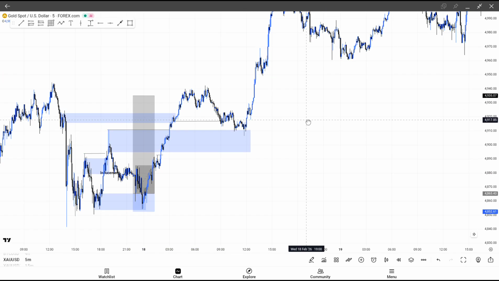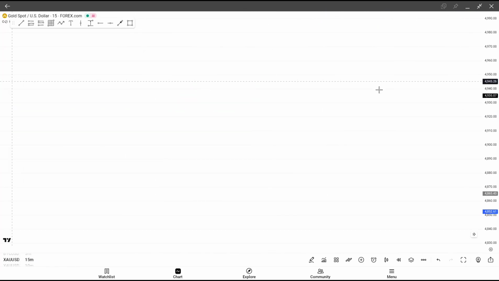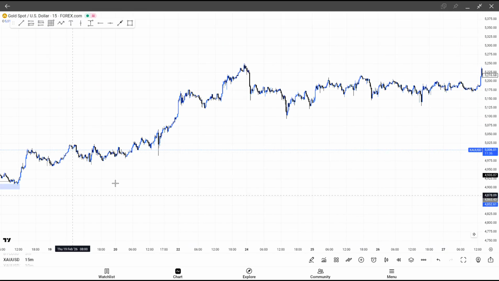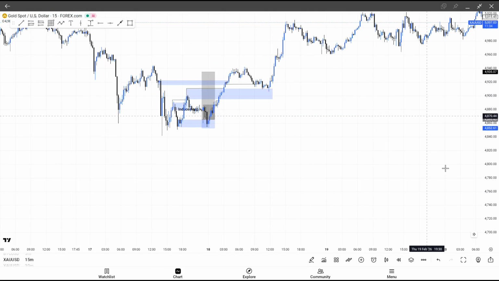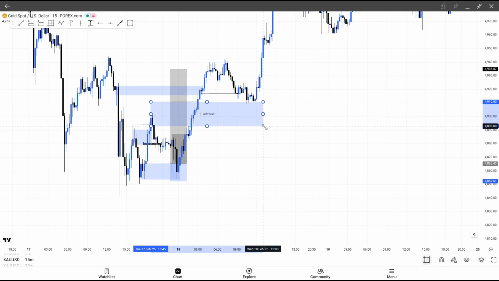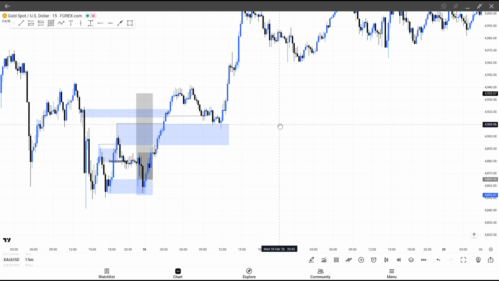This is the breaker block. Okay, so let me go to 15 minutes. This is the breaker block. Have you seen, right? I think you can see it from here.